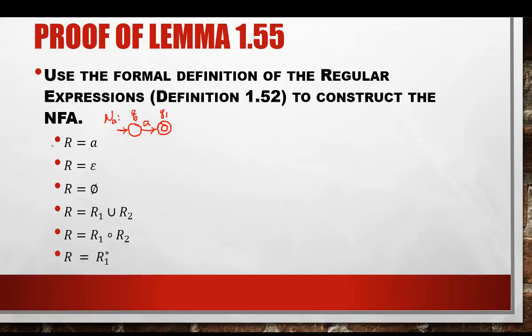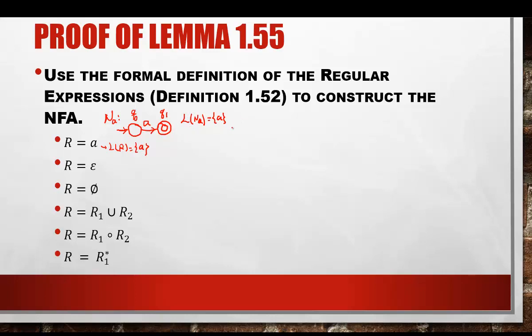We know that the language of R here is the set A, and the language of this NFA N sub A is also the set A. Therefore, these two are equivalent.